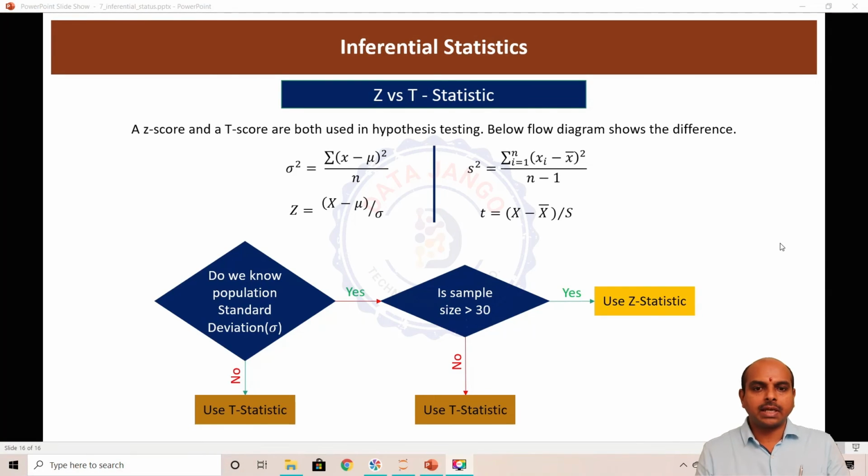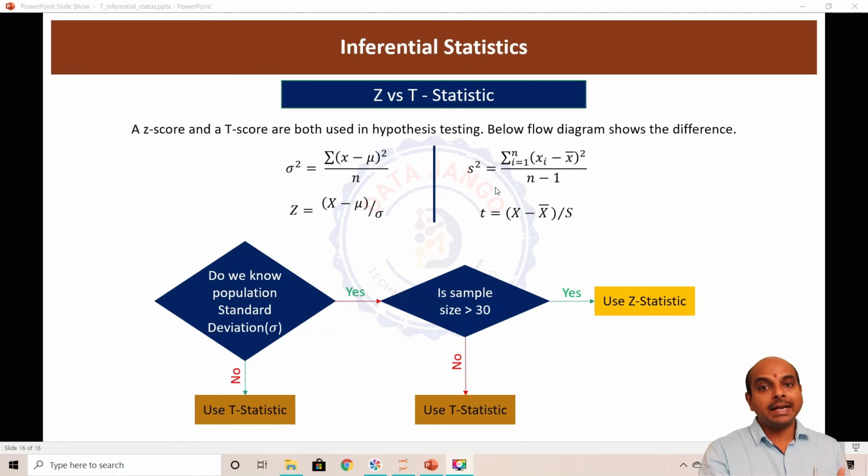Let's try to understand Z statistic and T statistic, or Z score and T score, and where they should be used. When you are handling a population, you call that Z score. When you are handling a sample, we call it T score. For a population, the variance is denoted with sigma square, standard deviation with sigma, and mean with mu.